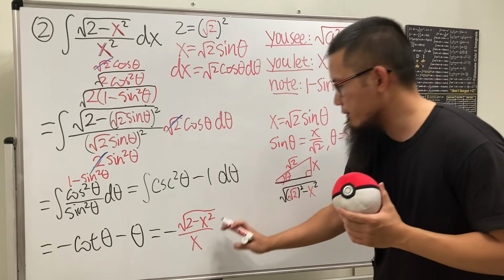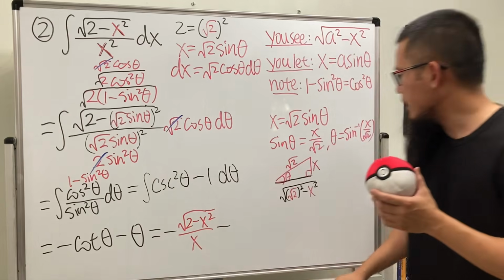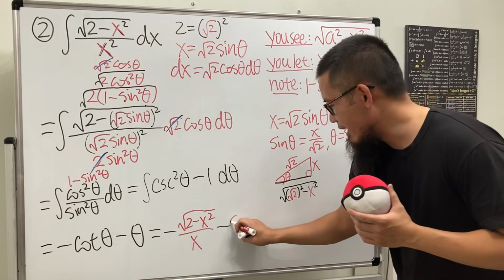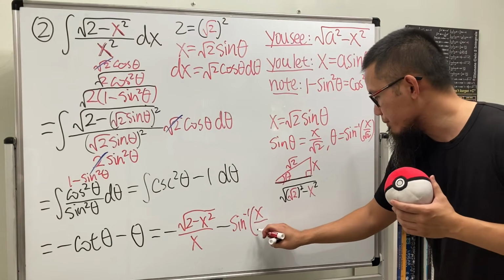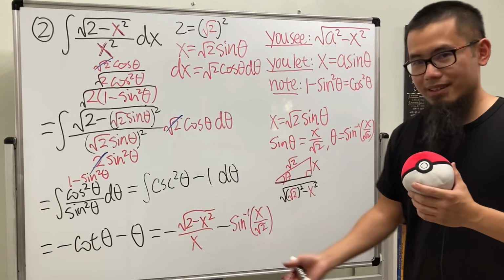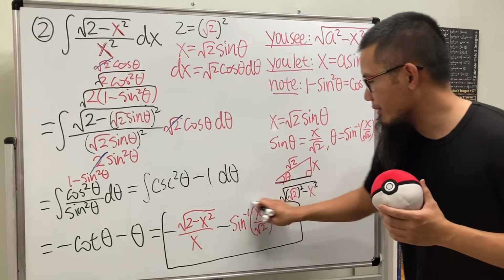So that's what we have. And then minus theta is this. So we are done after we put down the inverse sine of x over square root of 2. Alright? So of course, don't forget the plus c, right here.